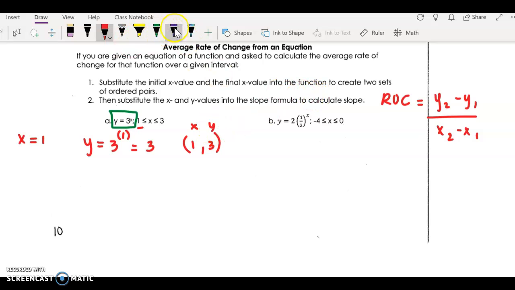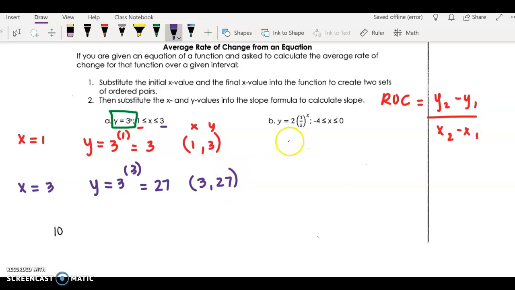Now I'll use my other x coordinate given, which is x equals 3. So y equals 3 to the third power. And again, I'm substituting for x into my function. 3 to the third power is 27. So the point (3, 27) is also on my graph.